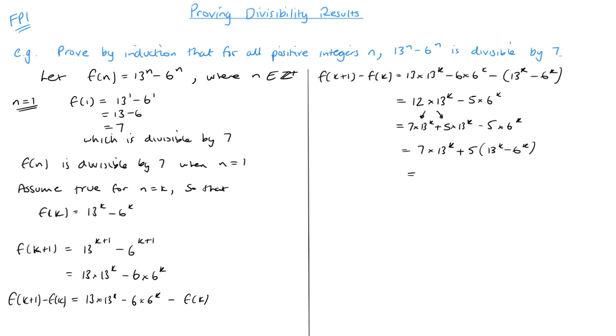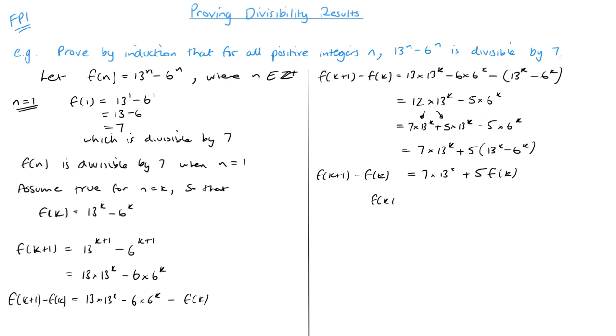Okay, so what I've now got is 7 times 13 to the k plus 5, and this is f of k. And I've still got f of k plus 1 minus f of k here. Now let's bring this f of k to this side.